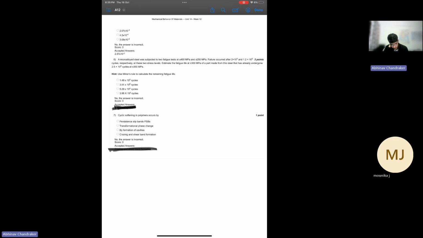Failure occurred after these number of cycles in each. Estimate the fatigue life at 300 megapascal of a part made from this steel, which has already undergone a certain number of cycles at 350 megapascal. Okay. So we have been told what is the life for two different stress levels. We need to find the life if it has undergone a certain kind of loading.